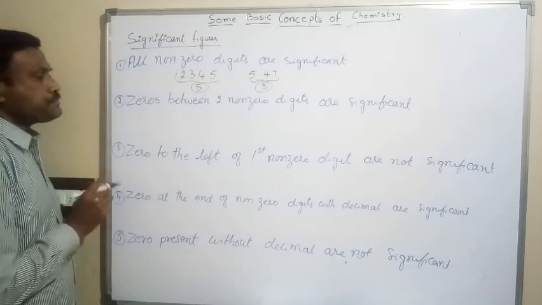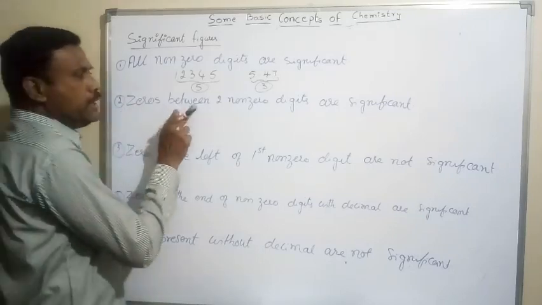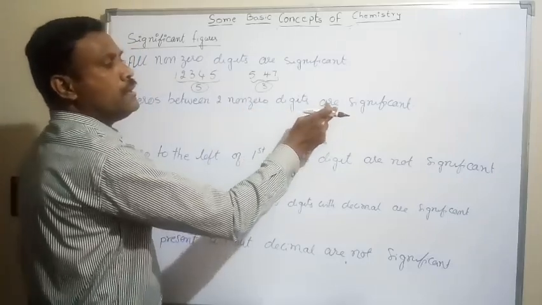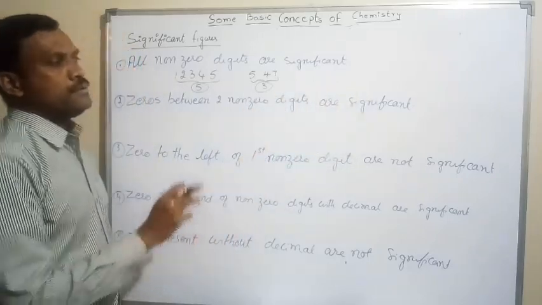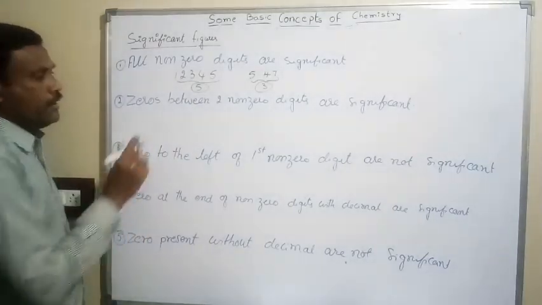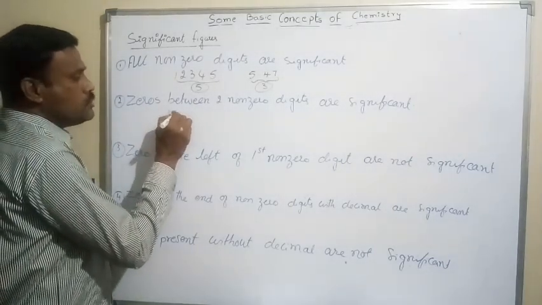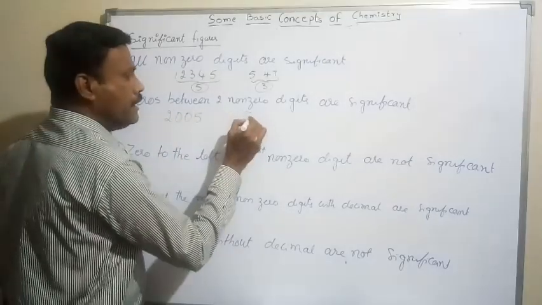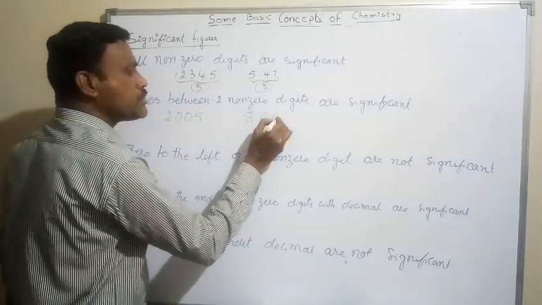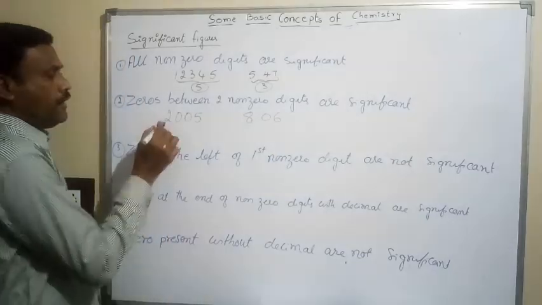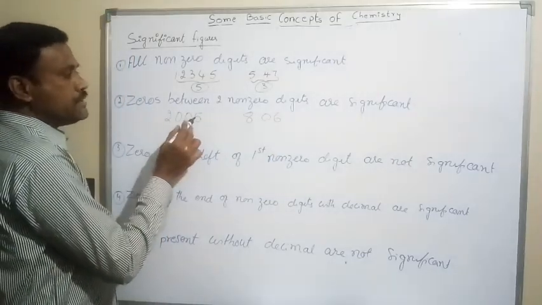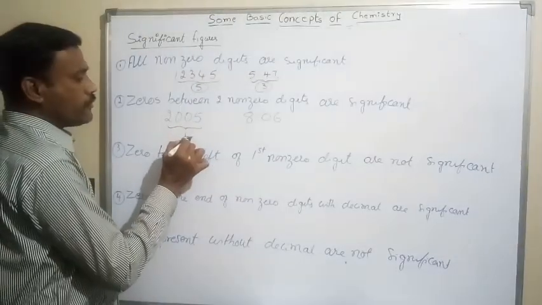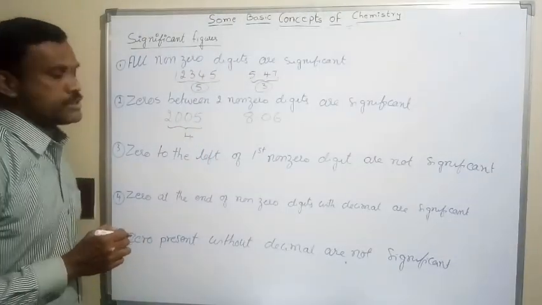Second rule: zeros between two non-zero digits are always significant. For example, 2005 and 8.06. The total number of significant figures here is 1, 2, 3, 4, so 4 significant figures.